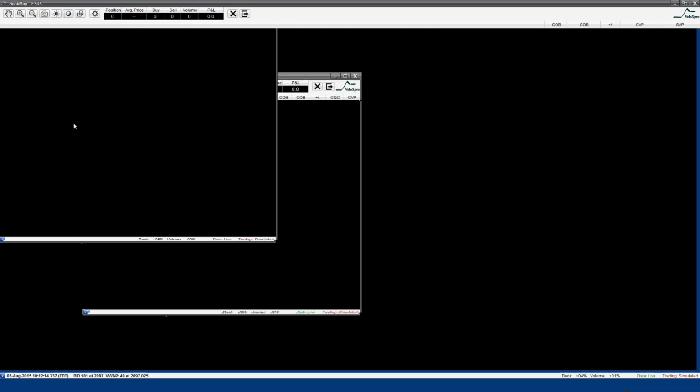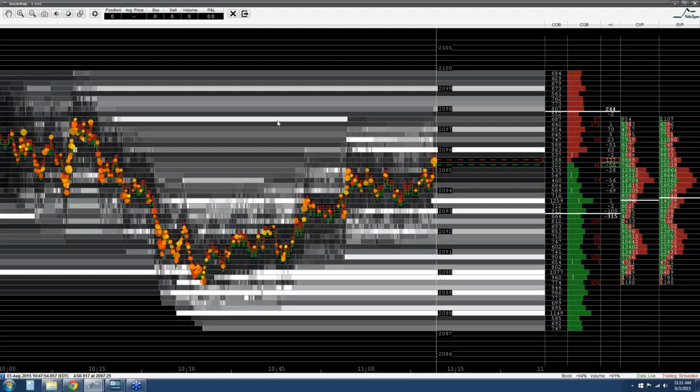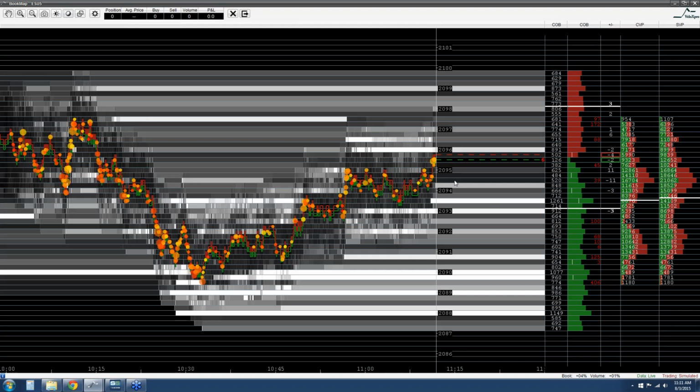It'd be nice to see it come up to 97.50 and go for this little swing high here. It's got to get through 96.